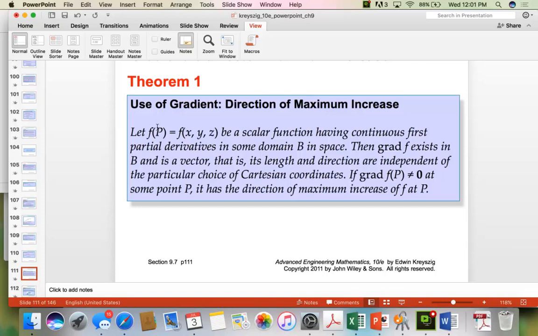So this just says that if we let f of p be a scalar function and it has continuous first derivatives in some domain, then the gradient exists and is a vector. Its length and direction are independent of a particular choice of Cartesian coordinates. So if the gradient of f is not equal to 0 at some point p, it has the direction of maximum increase of f at p.